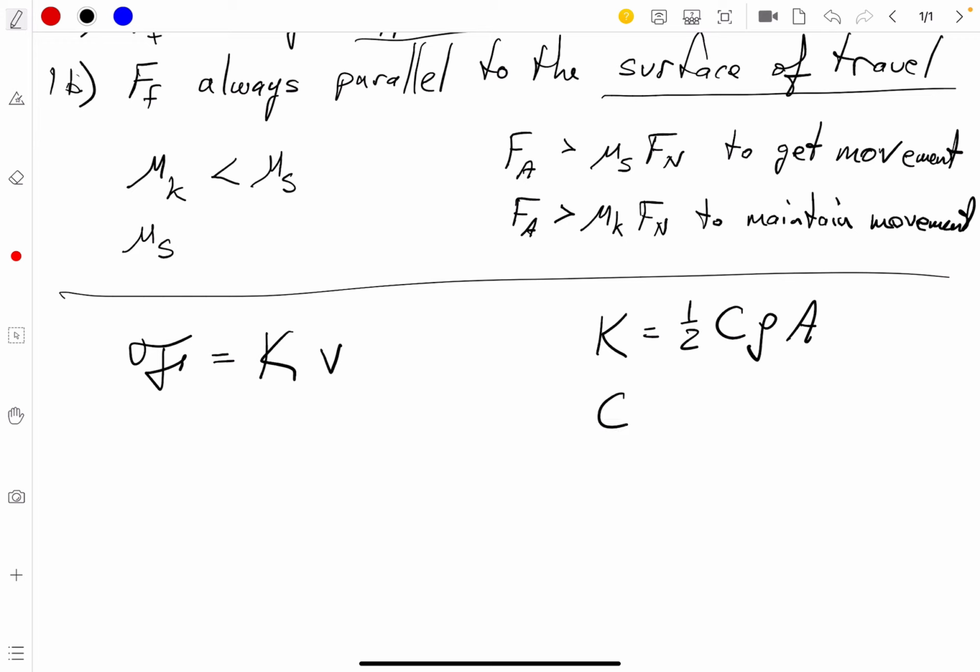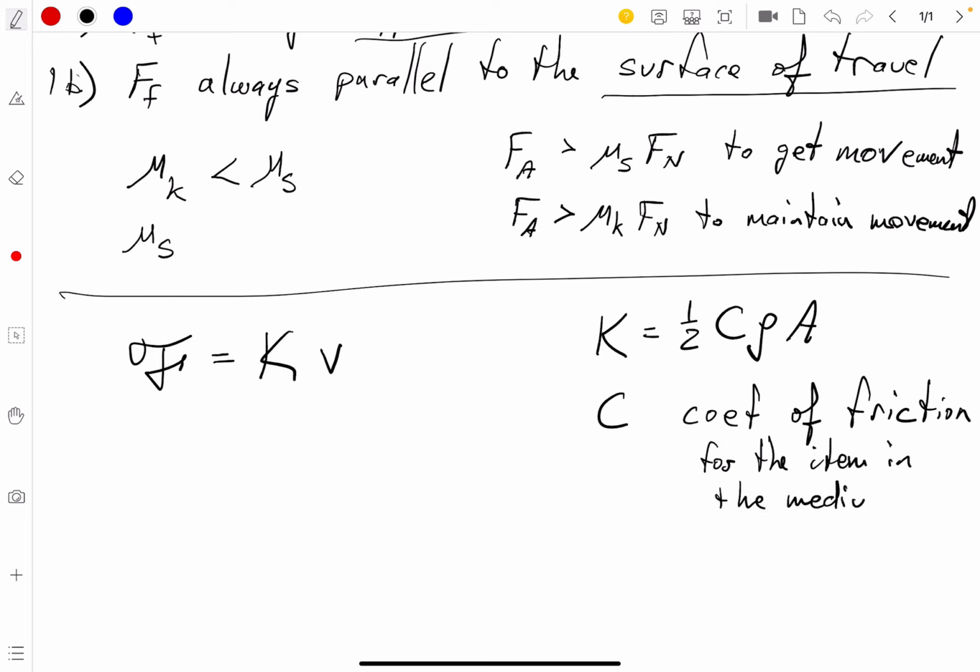C, what is C? That is your coefficient of friction for the items in the medium. So it all comes down to what are the two mediums, what is the item, what is the medium that it's traveling through.